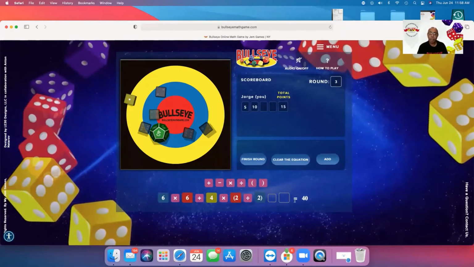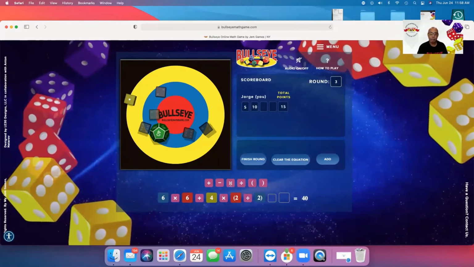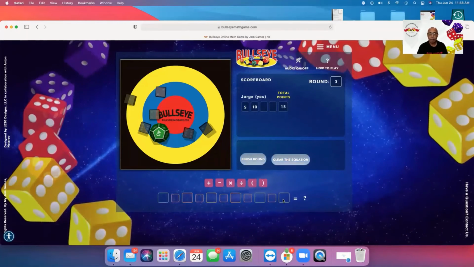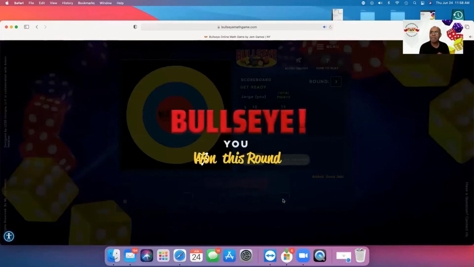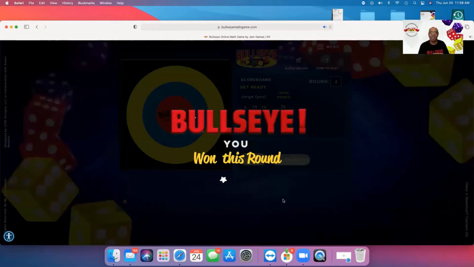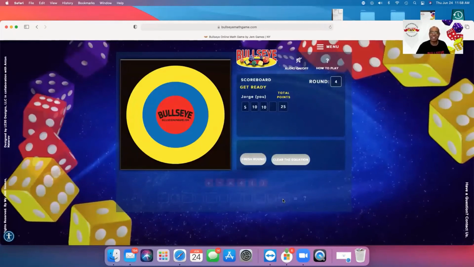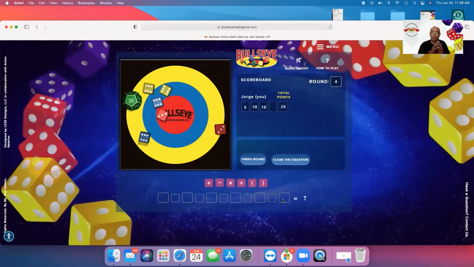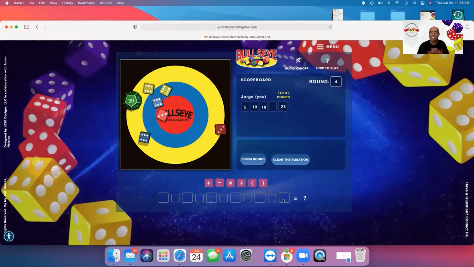And I can just multiply this 40 by 1. Let's see what happens. All right, mathematicians, great job. The power of parentheses. I love it. So for rounds 2 and 3, we earned 10 points because we were able to use all 6 dice in our number sentence.